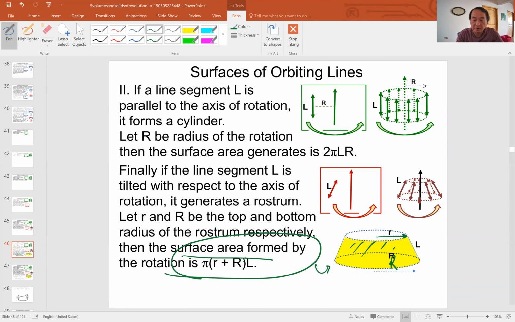These two add them together, and times L and times pi.